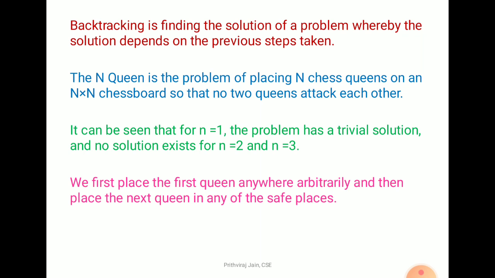We first place the first queen anywhere arbitrary and then place the next queen in any of the safe places. The rule says that no two queens must be placed on the same row or same column or on the same diagonal. We can solve it for the 4 queens problem.